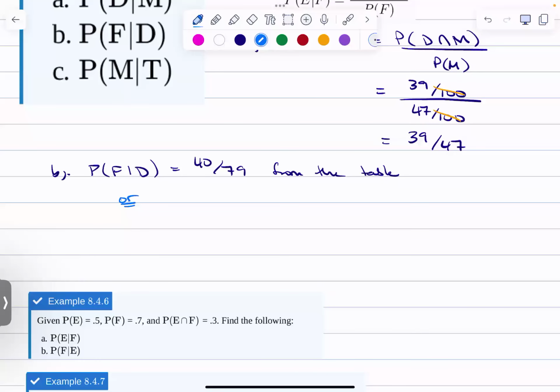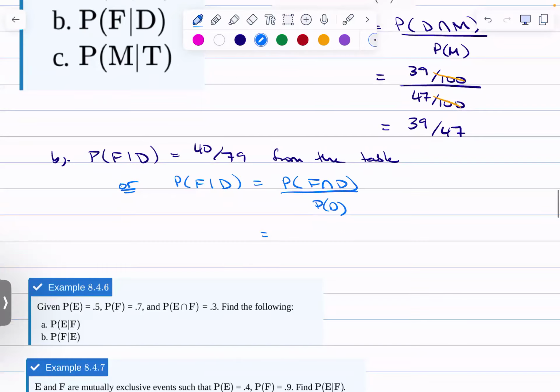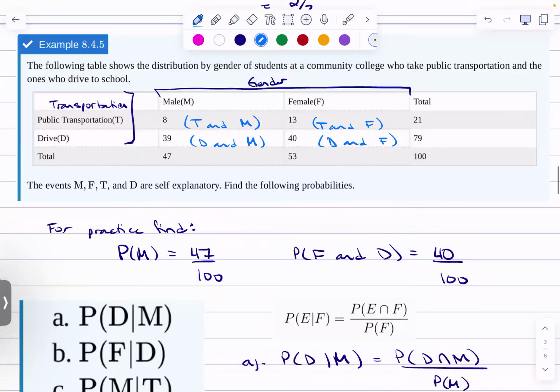Or using the formula sheet, the probability of F given D is the probability of F and D divided by the probability of D. The probability of F and D is 40 out of 100.